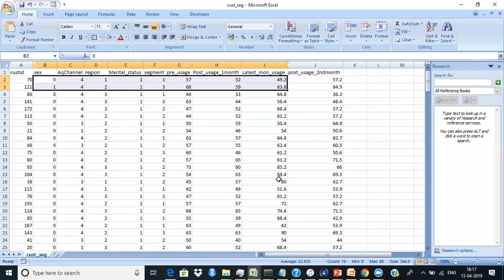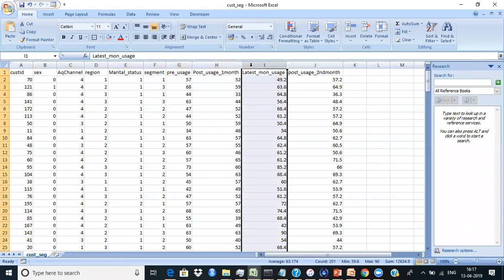What I am going to test here is whether the latest month usage is the same for male and female or not. My null hypothesis is latest month usage of female is equal to latest month usage of male. Alternate is latest month usage of female not equal to latest month usage of male. Make sense?